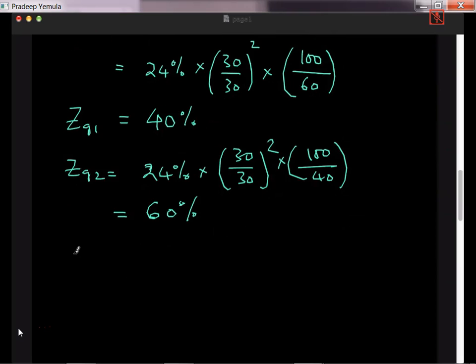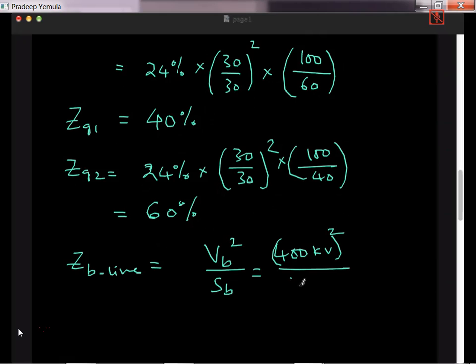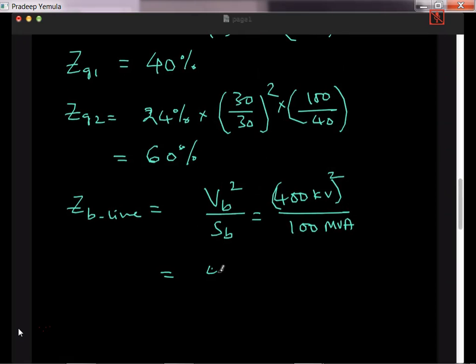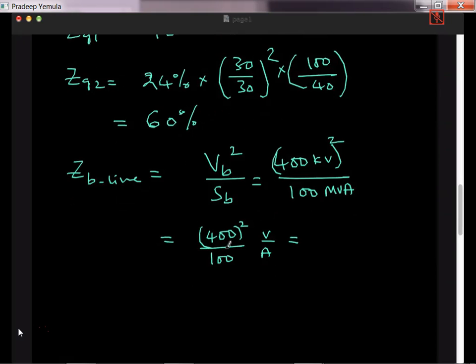So let's also calculate Z base for the line. It is V base square by S base, that is 400 kV square divided by 100 MVA. kV and MVA will cancel, this is V by A. 4 square is 16, and the zeros cancel, so 1600 ohms is the Z base for the line.